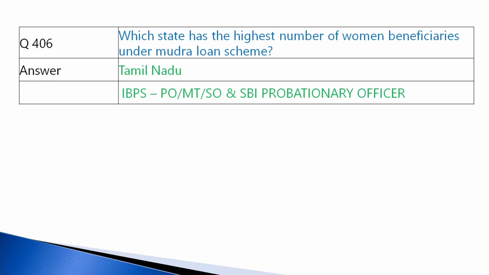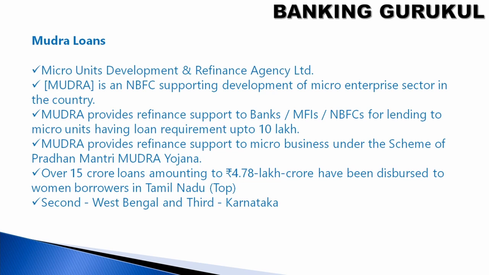Next question. Which state has the highest number of women beneficiaries under the Mudra loan scheme? The state is Tamil Nadu. Mudra loans. Micro Units Development and Refinance Agency. Mudra is an NBFC supporting development of the micro enterprise sector in the country.